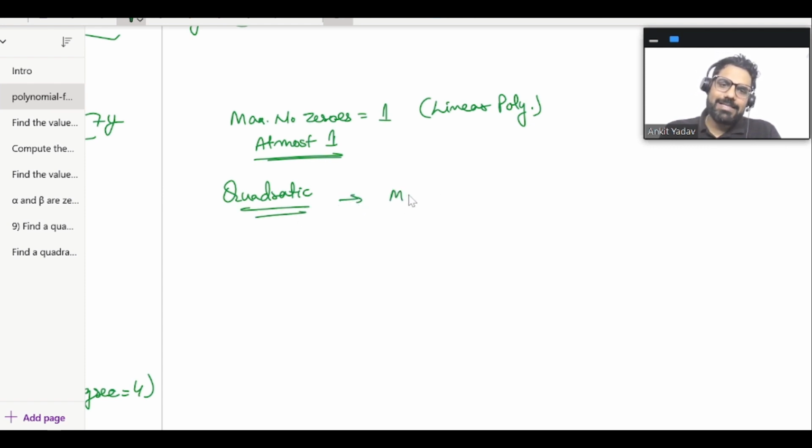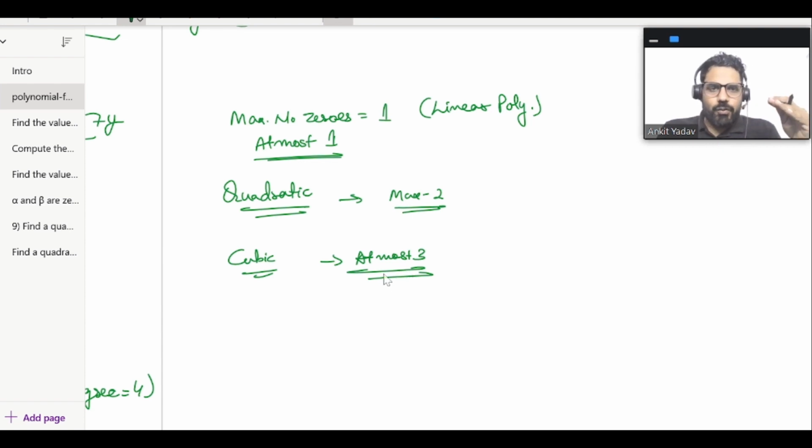It can have maximum 2 zeros. Minimum it can have 0, or it may not have any zero, right? Yes, correct. Again, the cubic polynomial means it can have at most 3 zeros.